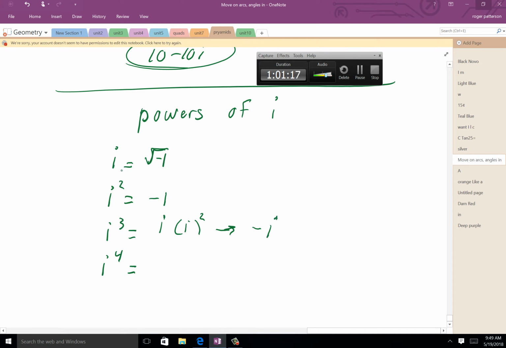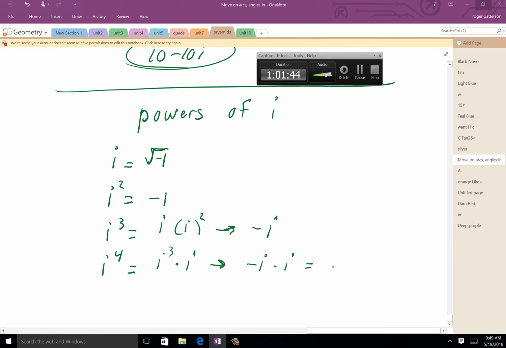Okay, so we have i is equal to the square root of negative 1. i squared is negative 1. i cubed is just negative i, because i squared is negative 1 times the i gives me i cubed, so that's negative i. i to the 4th is going to be i cubed times the i. i cubed is negative i times another i.